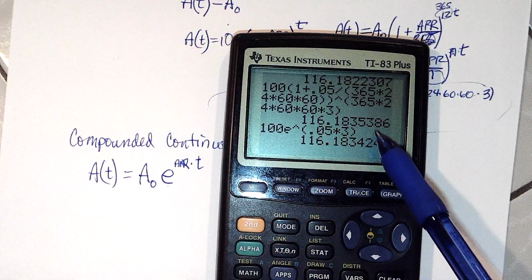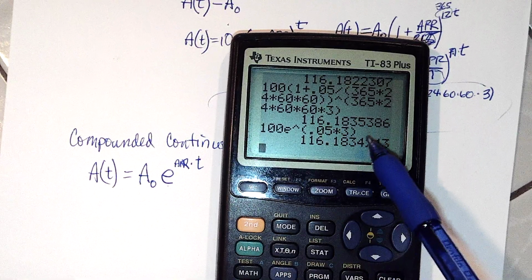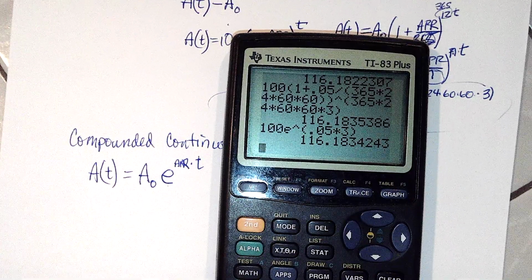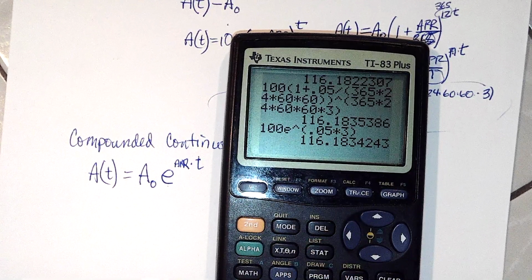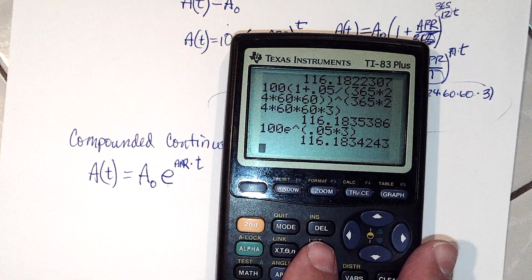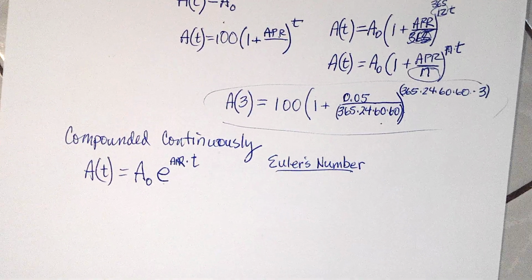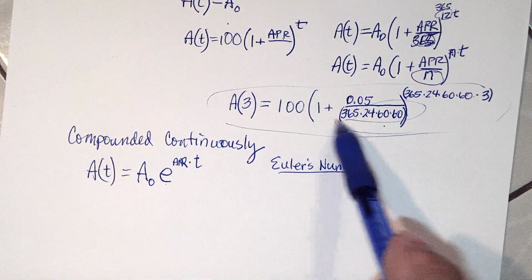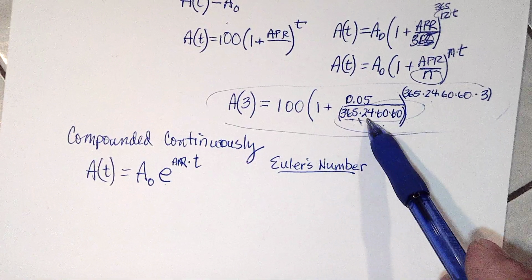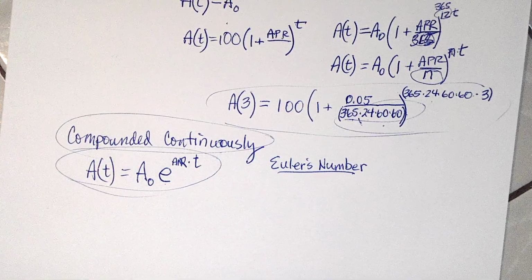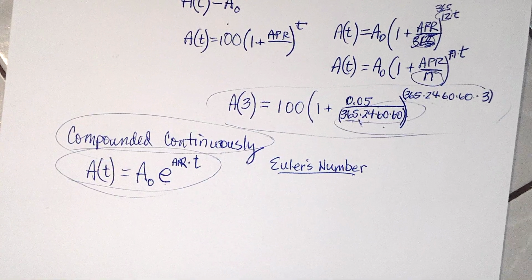You can see it's slightly 3.183. It's supposed to be slightly higher. I don't know why that one got me confused. I'll have to think about that one. But anyway, if you're getting compounding very, very frequently, it's easier to use the compounded continuously formula. Okay?